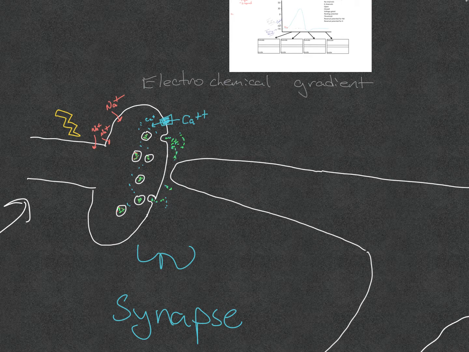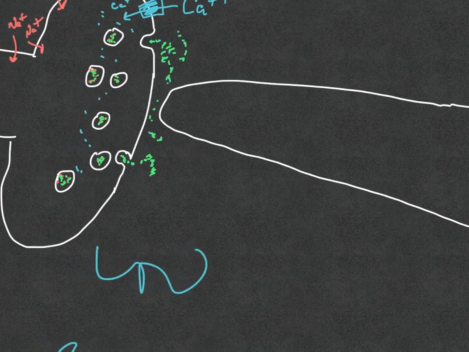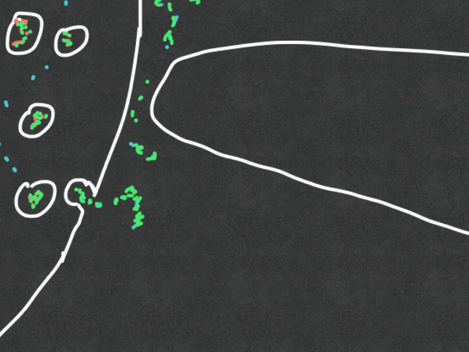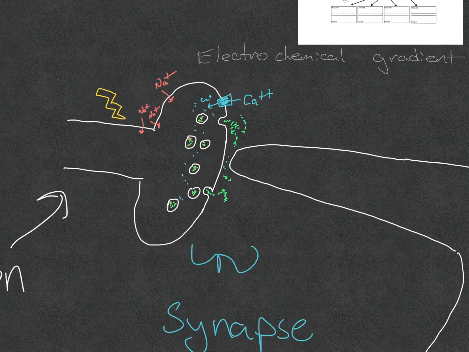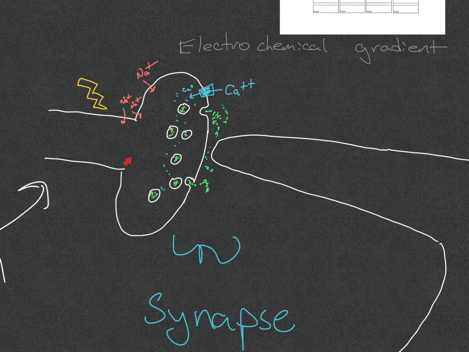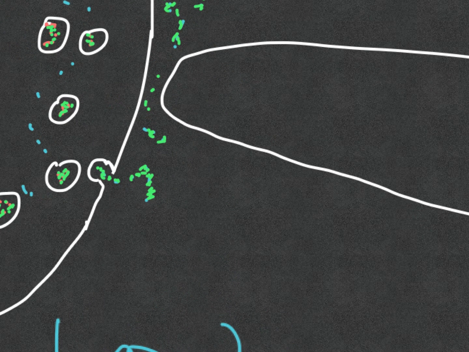Now that's a signal. What made you release the neurotransmitter? A thought, a feeling, a touch, light. It depends. Then along this next cell, this is a different cell. This is one cell here, and this is another cell over here. On the next cell, there is a receptor for this neurotransmitter, for this ligand.